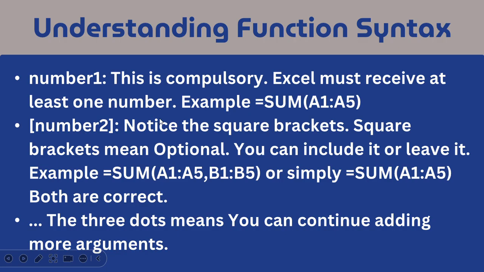Then number2, notice the square brackets. Square bracket means what? It is optional. So it means we can just go with number1 and we get a returned value. But if there is need for you to add multiple numbers, you can keep adding more numbers. So square bracket means optional. You can include it or leave it.